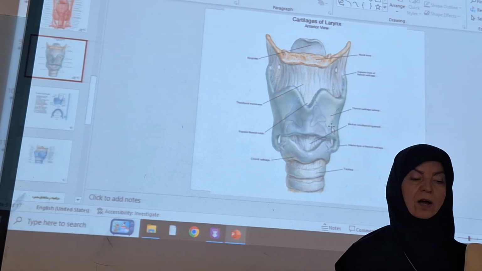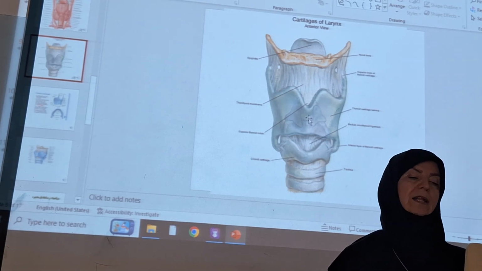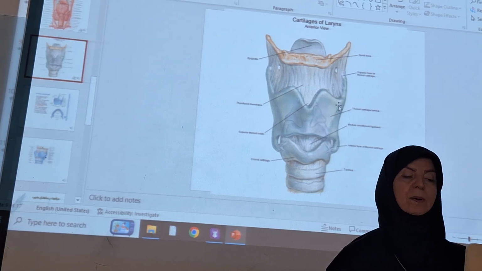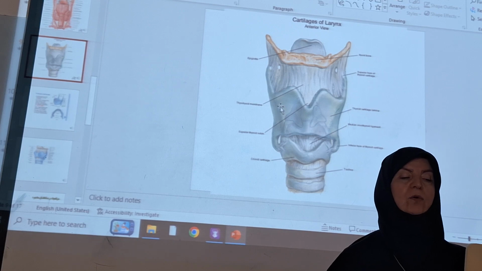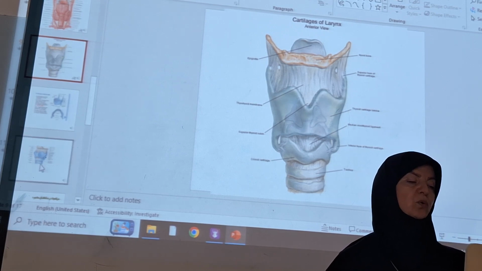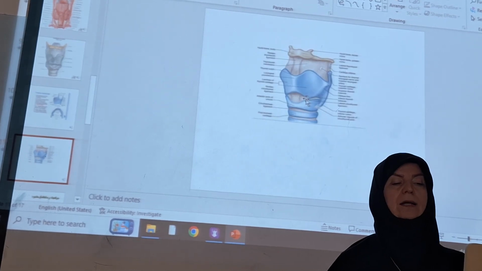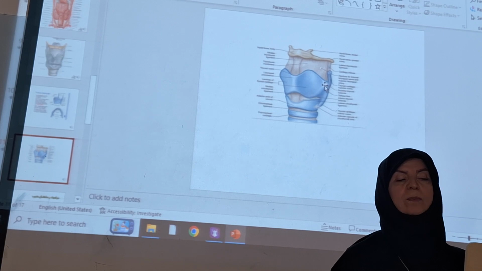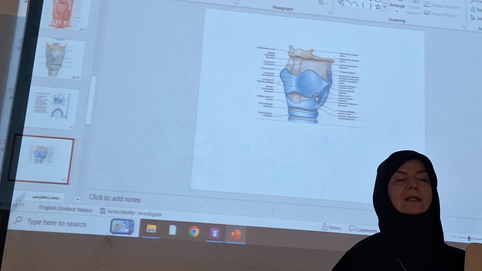Now this oblique line, in your book, you find that superiorly and inferiorly we are going to find a tubercle. On each side, inferiorly and superiorly, the oblique line changes to a tubercle. Here, again, the oblique line is visible, the superior tubercle and the inferior tubercle.